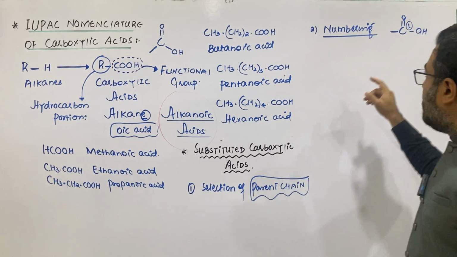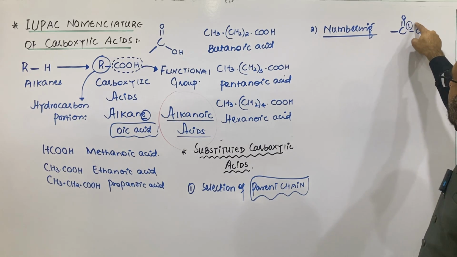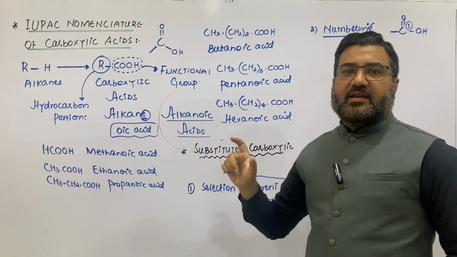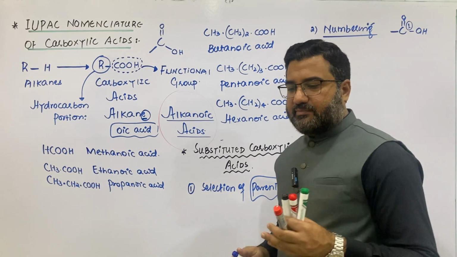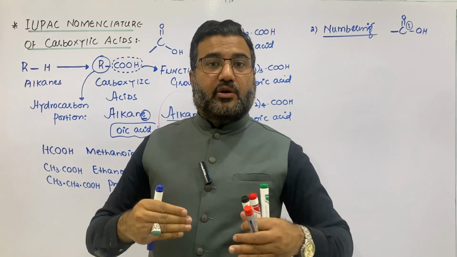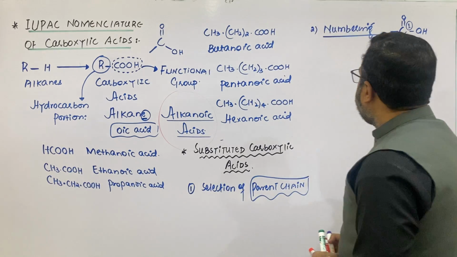That's why the carbon of the carboxyl group will always get number 1, because in numbering we first prefer the functional groups, meaning the carbon of the functional group should get the lowest number in the main chain.